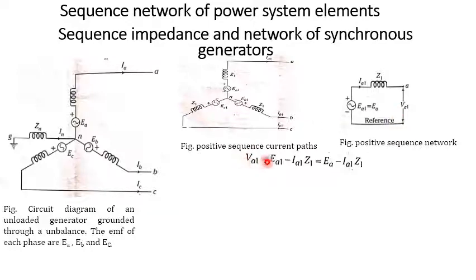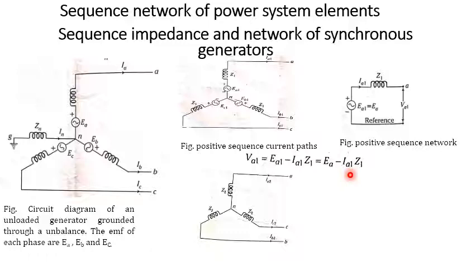So the terminal voltage VA1 is equal to EA1 minus IA1 Z1, where EA1 is the same as the generated EMF. If the armature resistance is assumed negligible, the per phase positive sequence impedance Z1 of the machine depends mainly upon the subtransient, transient and steady state periods.